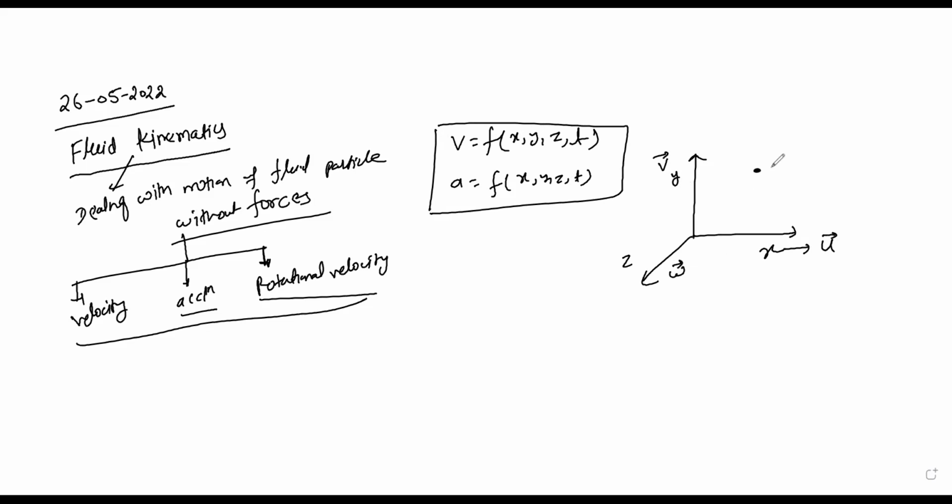At any point in space, let's say the point is P, we will discuss how to find the velocity of a fluid particle passing through point P. So the velocity in space is written as ui plus vj plus wk.